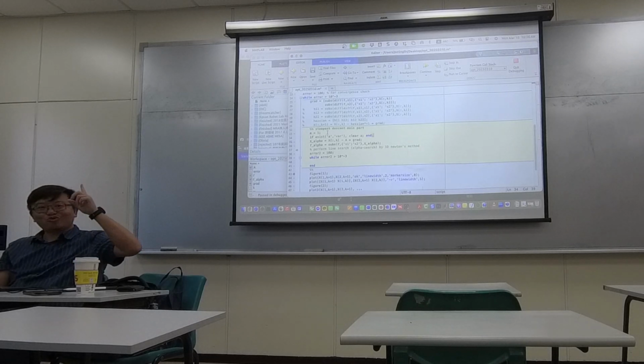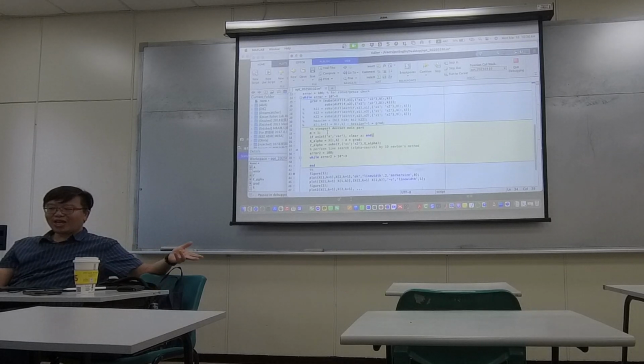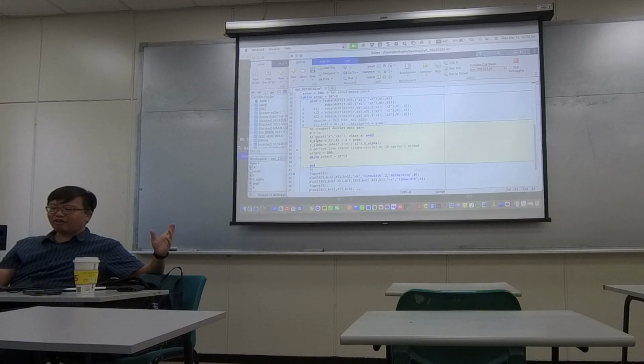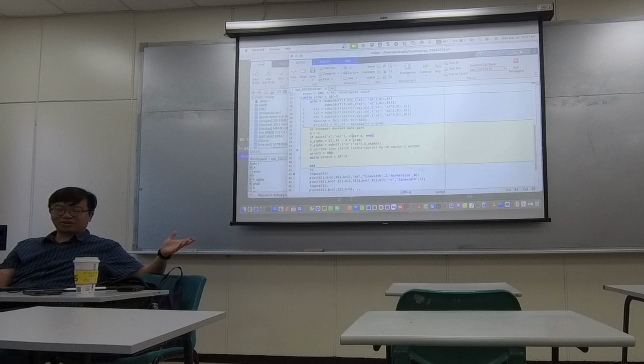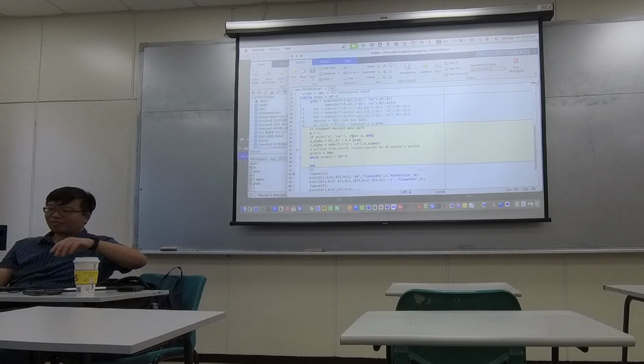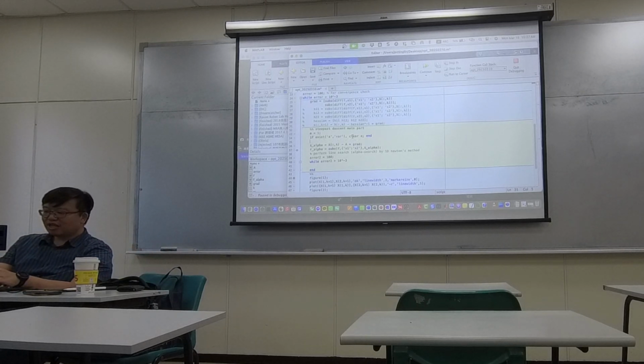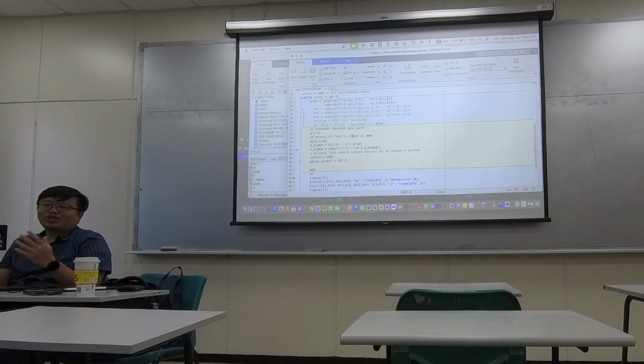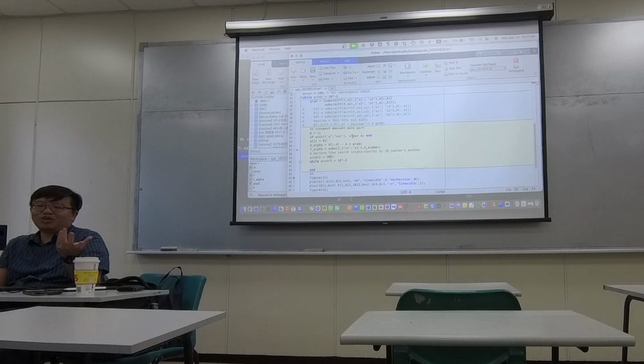But in the first round there's no variable a. So I will check if the variable a exists. If it exists, clear it. If not, do nothing. Okay. Then I will say a1. This is my initial guess. My initial guess alpha is 0.